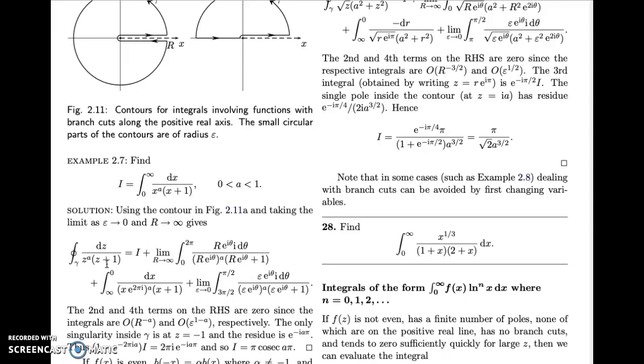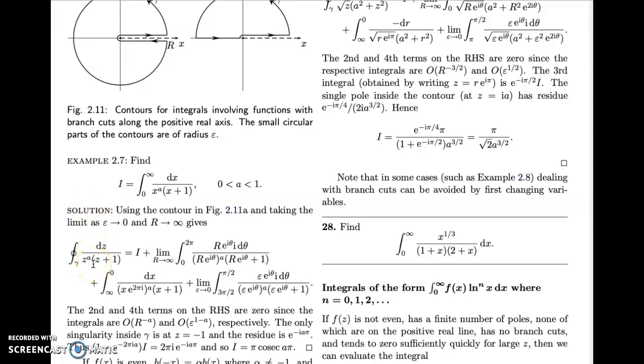So the residue there, using the p over q dash method, q is z plus 1, so q dash is just 1. We've just got 1 over z to the a, and again we have to be careful evaluating the residue a little bit. At z equals -1, we have to write z equals e to the i pi.